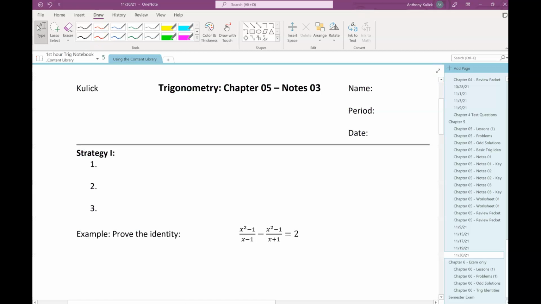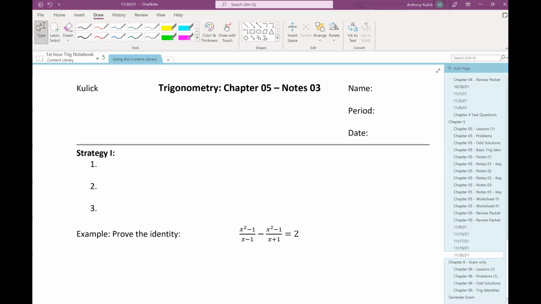So section 5.3 is about proving trigonometric identities. And I know that whenever we say that P word, it gets pretty scary, right? But the proof here that we're going to do isn't like the proof that you did in geometry, because we're not going to cite any theorems or anything when doing this.